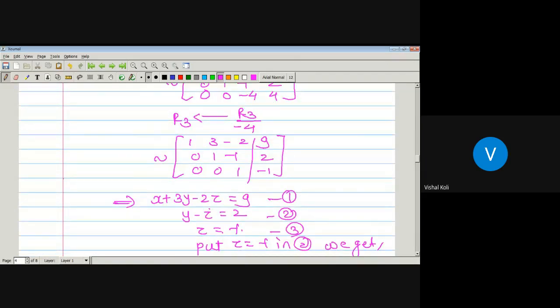Apply one more transformation, then we get, suppose R1 is changing to R1 minus 3R.